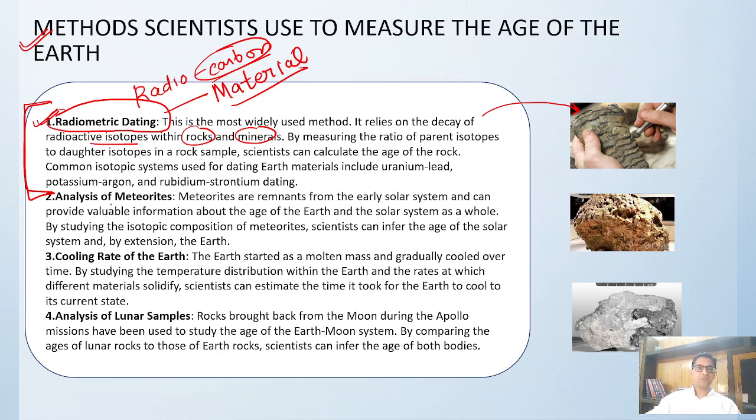Then analysis of meteorites. Meteorites keep falling on Earth every day. Millions of meteorites fall on Earth, but they simply get burnt away because of friction in the atmosphere.